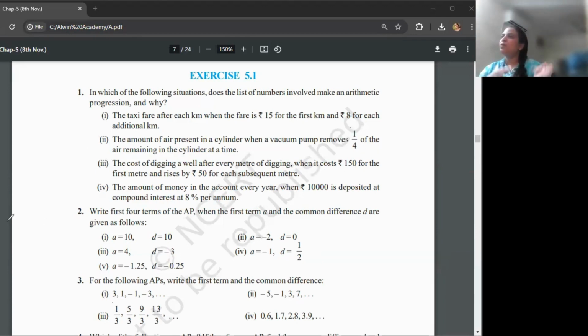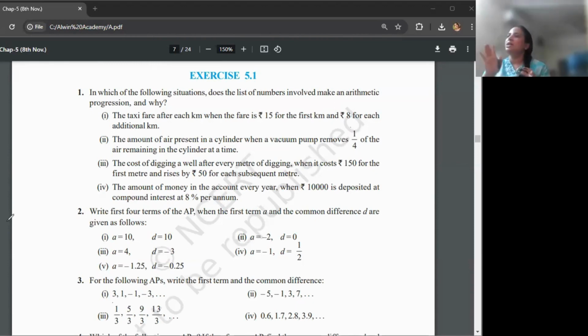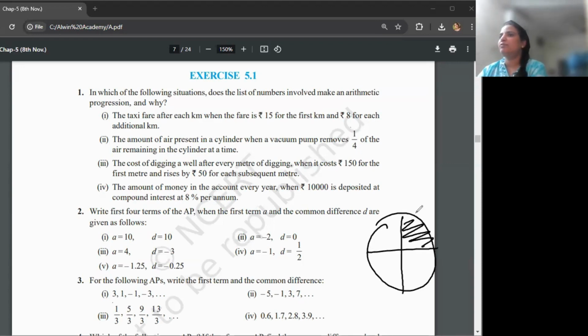Whenever you're adding or subtracting something of the remaining quantity, that is never an AP. Listen once again. If from the complete thing 1/4 is this much, and you have removed that, would 1/4 of the remaining part be the same as the 1/4 earlier?